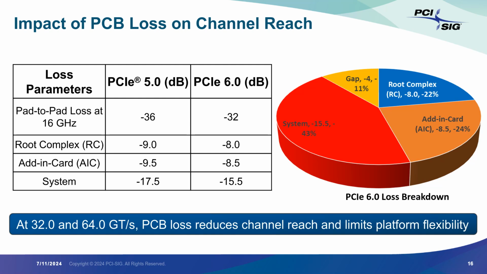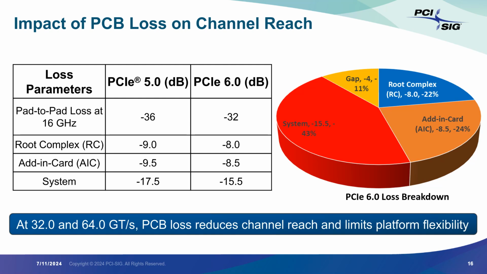The system is taking 15.5 dB, 43%. That includes the vias, connectors, AC caps, and the routing, everything. The add-in card includes the non-root complex package, on-die silicon impact, and the routing, 8.5 dB, only 24%.